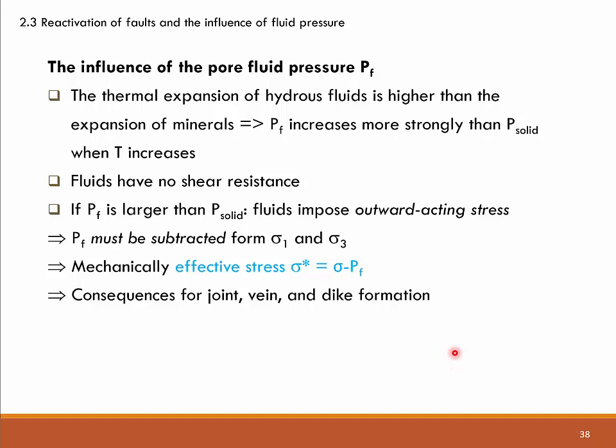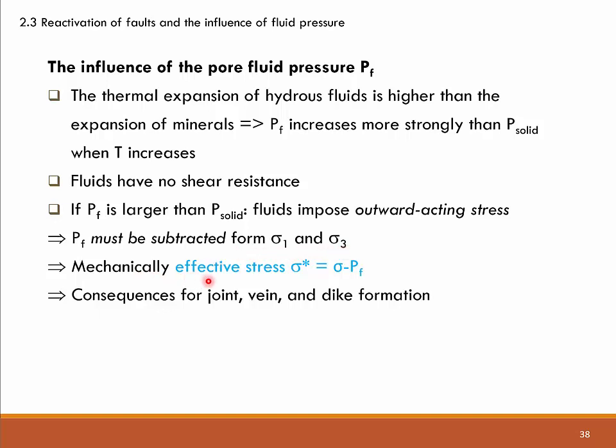So imagine small droplets of fluid in a rock that are pushing outwards against the stress that acts on the rock. That is the reason why, in order to obtain mechanically effective stresses, we need to subtract the pore fluid pressure from all other stresses, such as sigma 1, sigma 2 and sigma 3.